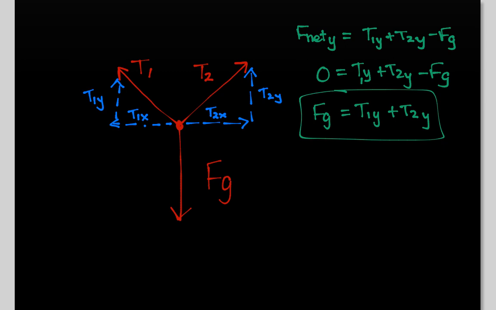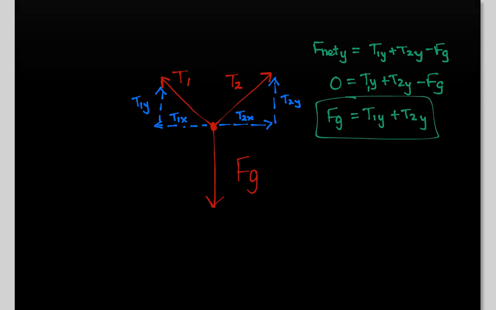So that equation in green, compared to the free body, the down arrow, Fg, is obviously this. So then T1y and T2y are these. These two blue arrows, if you added them, they would be the exact same length as this down arrow. Does that make sense?